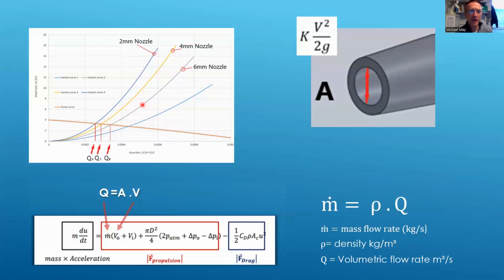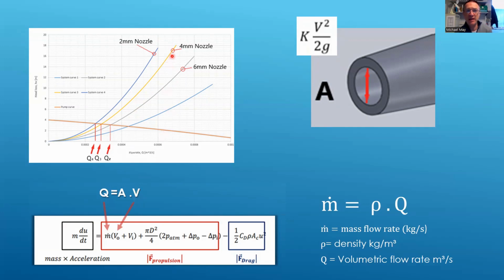What you'll see is that your operating point moves backwards, so your volumetric flow rate moves backwards, and you've a new lower Q value. You've also got a new cross-section area based on that 6 mil, and you recalculate your velocity. What you should find is that that velocity increases. So in theory, you're getting more propulsion.